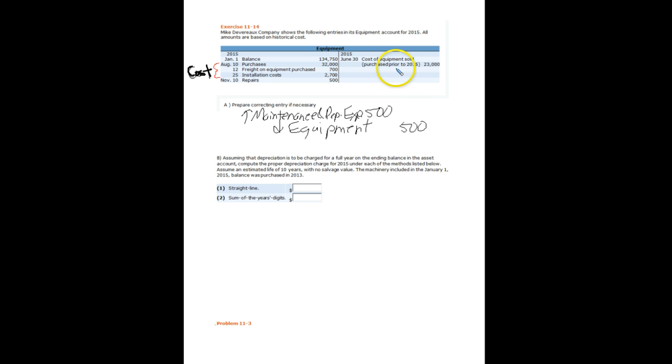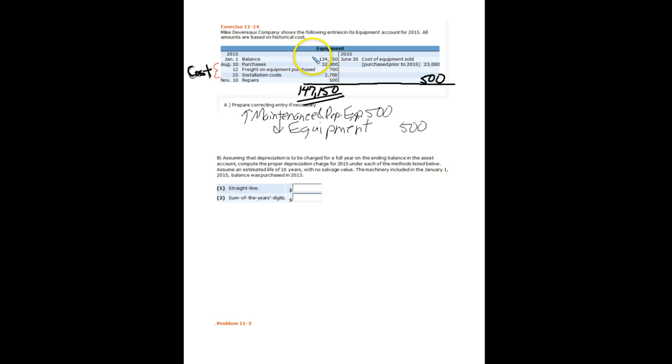Okay, then moving on, let's go ahead and post that $500 into that account, and we can see we have an increase and a decrease, and that's going to cancel that account out. So after all of that, when I take the debits minus the credits, so debits minus these two credits, we should get a balance of $147,150.